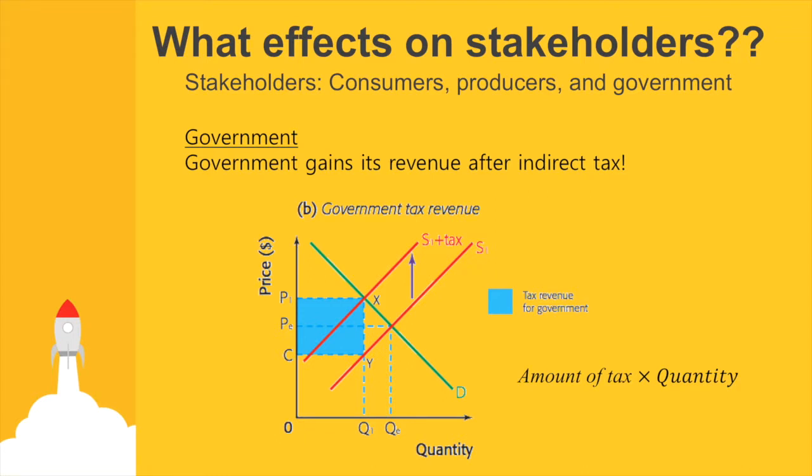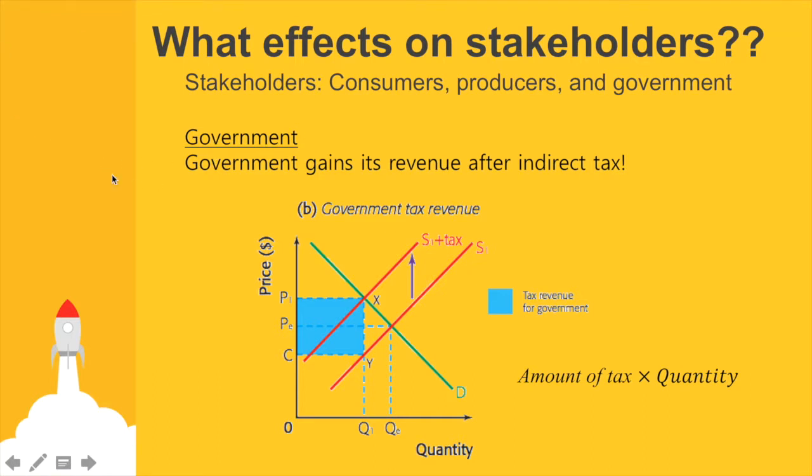In the evaluation section, we need to think about different stakeholders, which we're talking about consumers, producers, and government. How does indirect tax affect consumers, producers, and government? Okay, so let's start off with government.